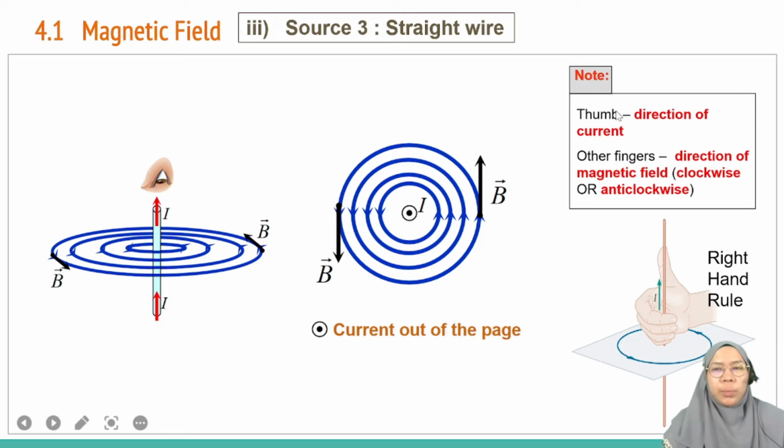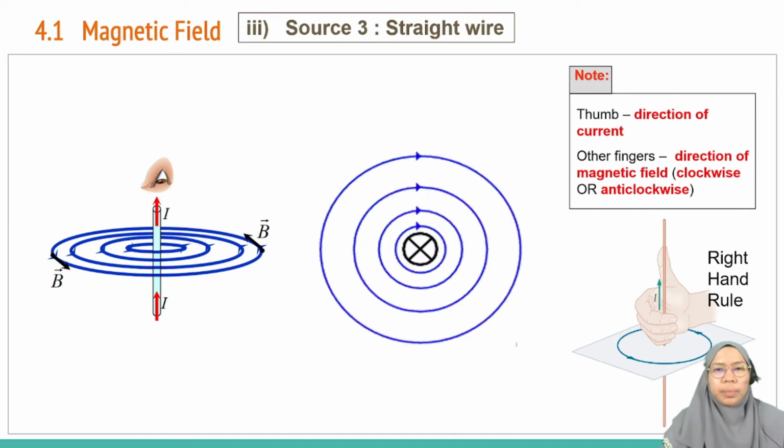And here we can use the right hand rule to determine the directions of current or maybe the directions of the magnetic field. As you can see here, the thumb is indicating the direction of the current going up, and then the other fingers are in the direction of anti-clockwise.